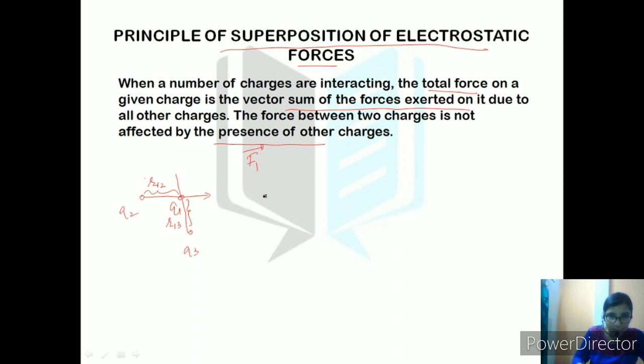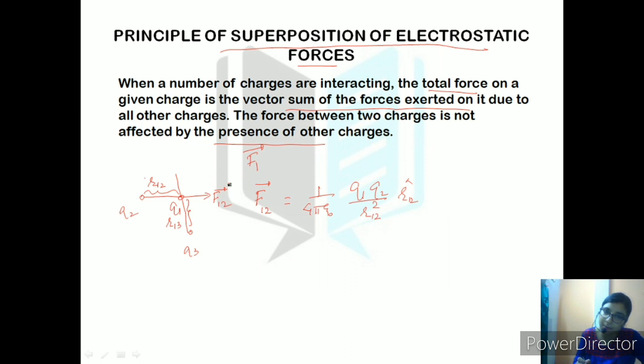So the force on Q1 due to Q2 is 1 by 4 pi epsilon naught, Q1 Q2 by R12 square, the distance between them squared, and the direction is R12 cap. Suppose these two are positive, so Q1 will be repelled away by Q2. So this is the direction of the force acting on 1 due to 2.